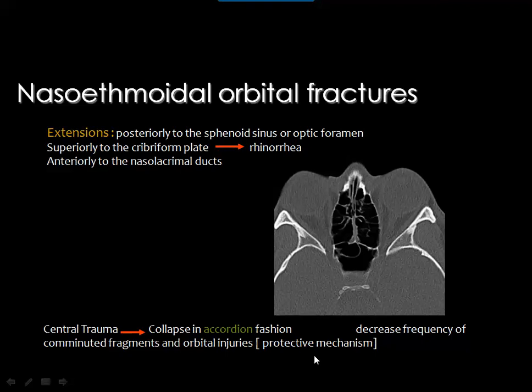Then we came to another fracture which is also important in the face, and this is the nasoethmoidal orbital fracture. And this fracture, the trauma is in the central part of the face. It will involve the nasal bones and the ethmoidal air cells, and also some of the orbital walls, particularly the medial orbital wall.